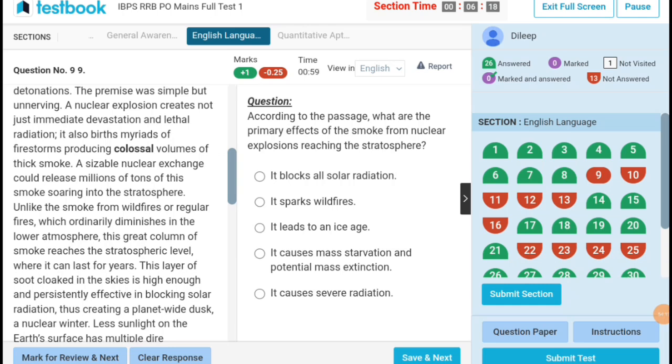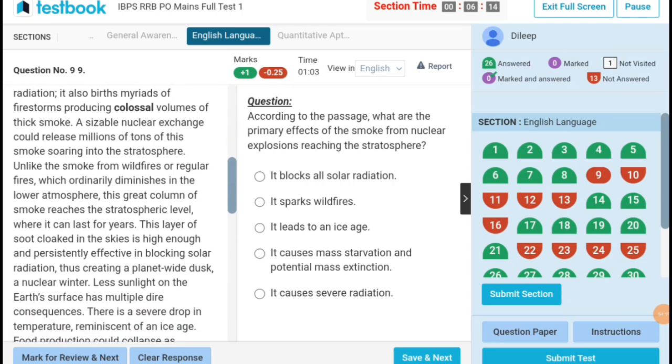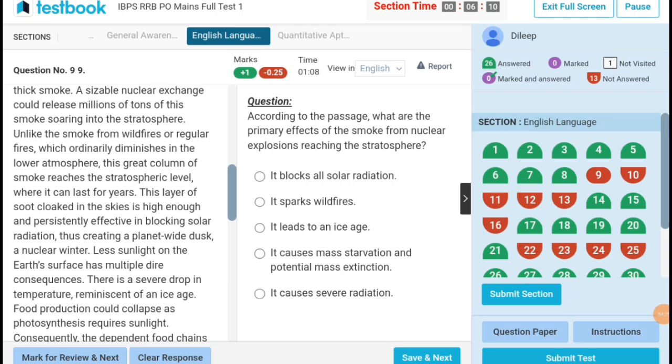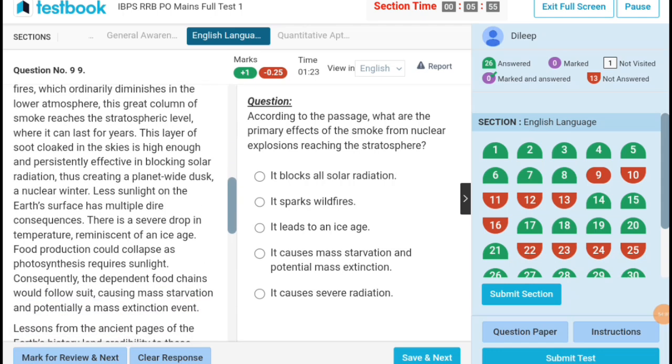According to the passage, what are the primary effects of smoke? Sustained nuclear exchange could release millions of tons of smoke soaring into the lower atmosphere, affected by the solar radiation.